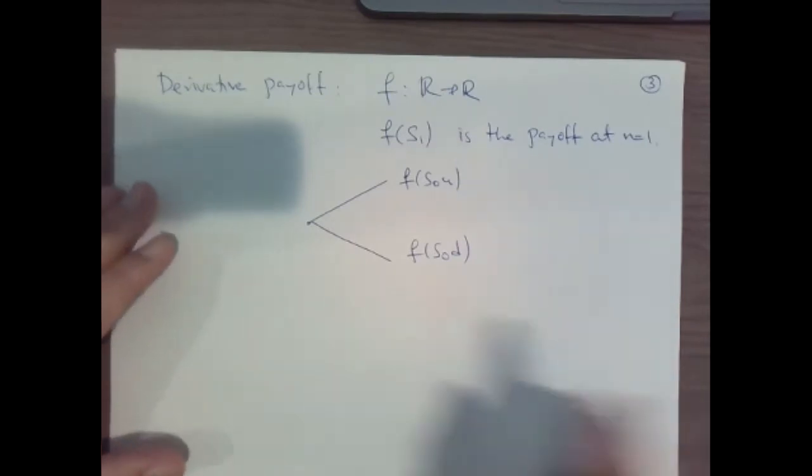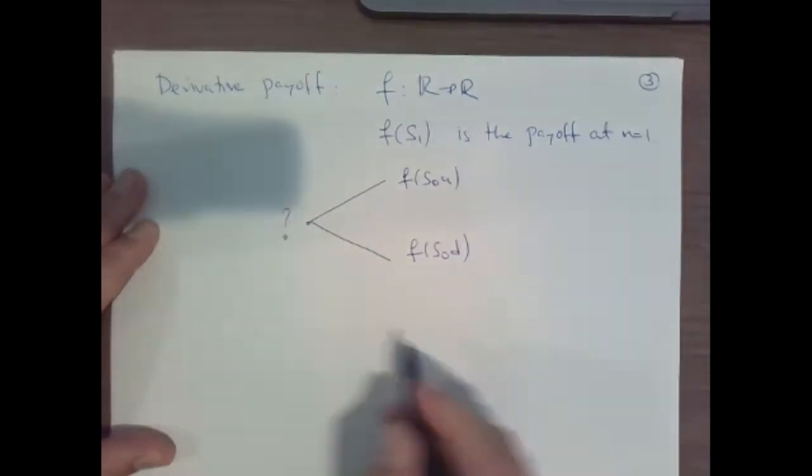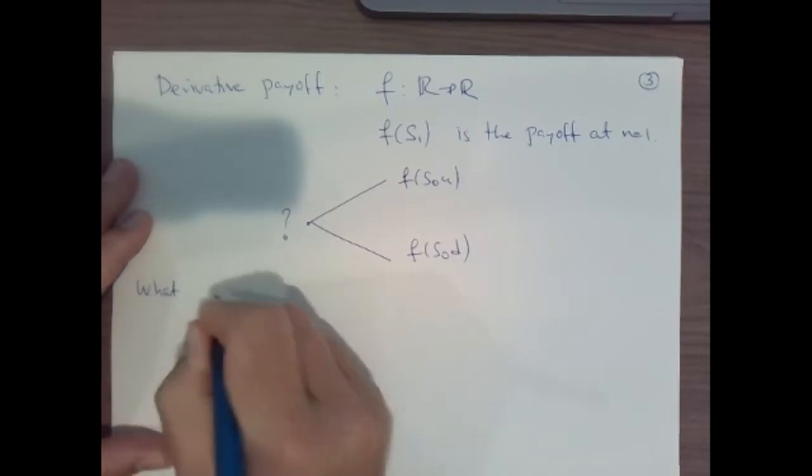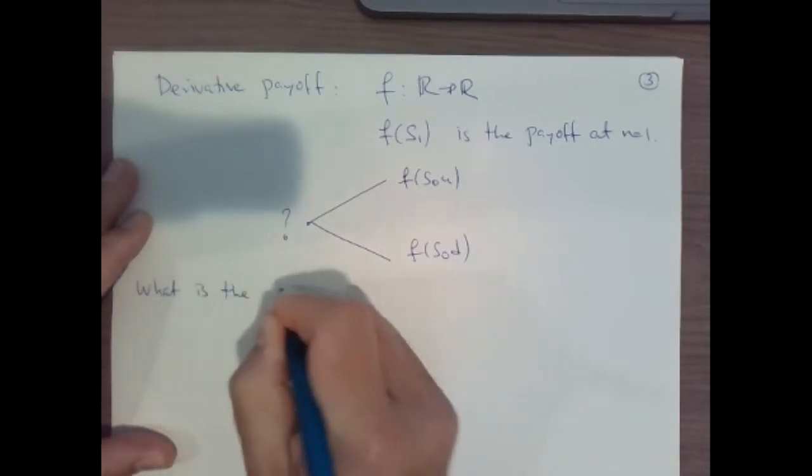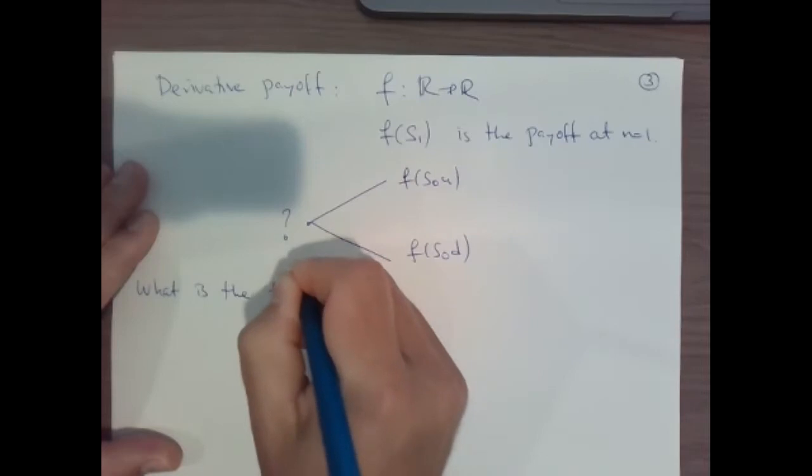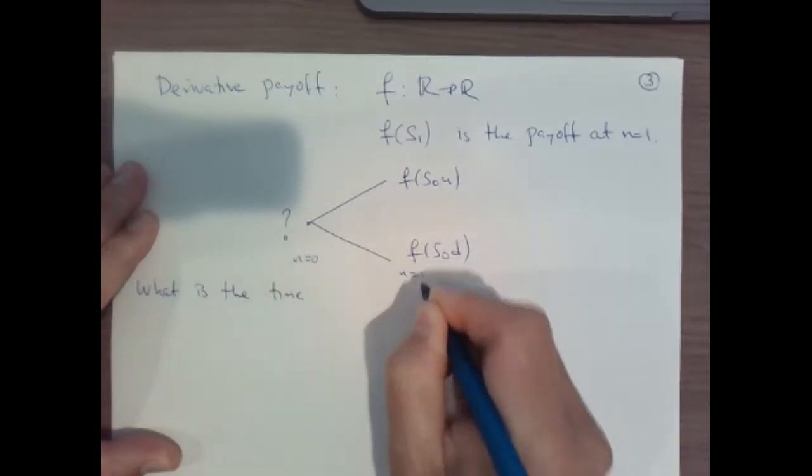And what we're interested in is what to put here. So what's the price? What's the time 0 price? So that's out here, and this is time 1.